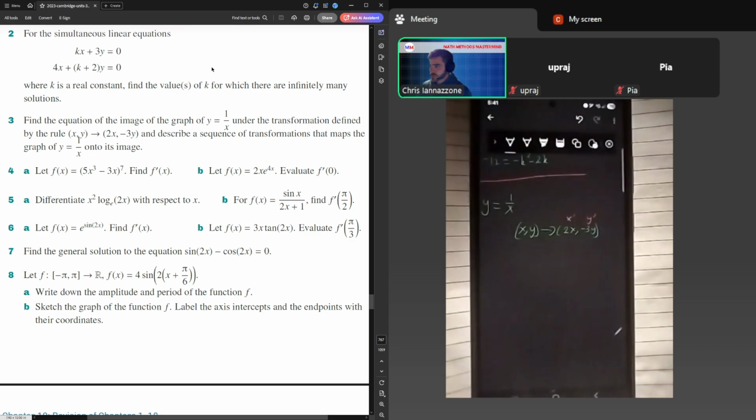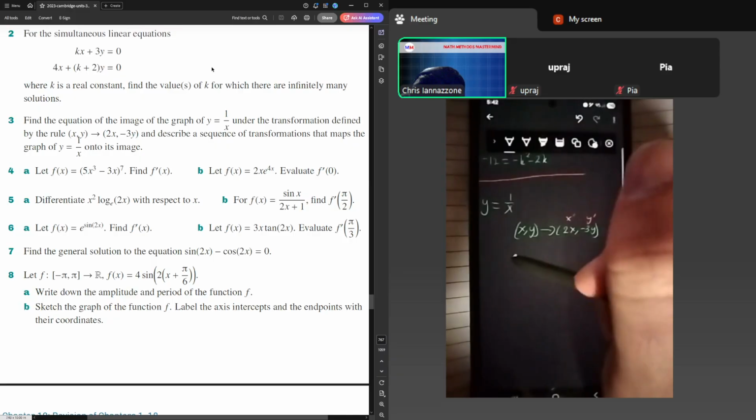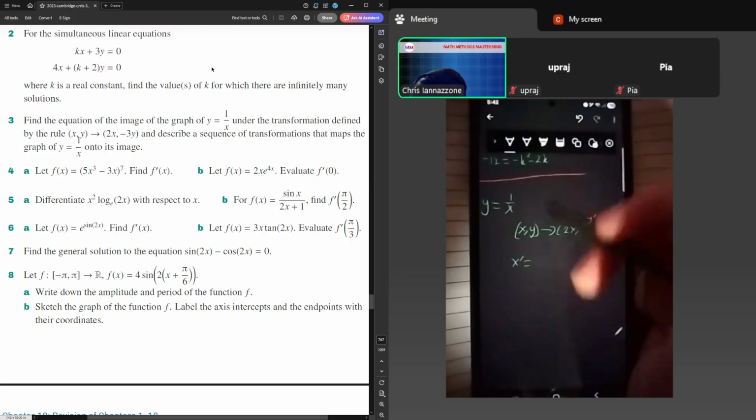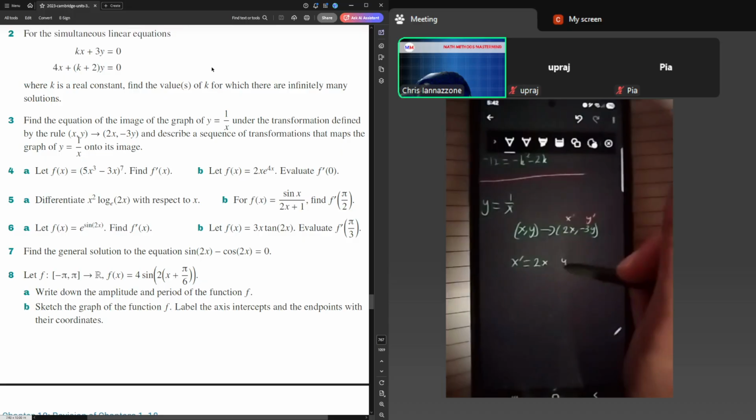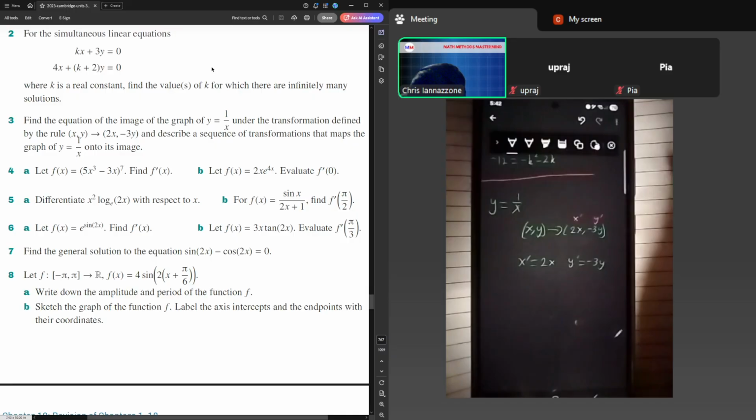You'd almost have to go out of your way to re-rationalize it so you can use the by recognition approach. This is why typically knowing this one is more multi-purpose than knowing just by recognition, because it makes it harder to do these. But anyway, this is your x dash and y dash. So you have x dash equals 2x, y dash equals negative 3y. That's the first step of applying a transformation.